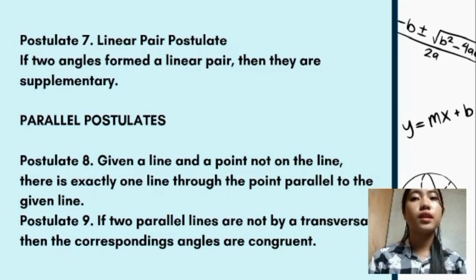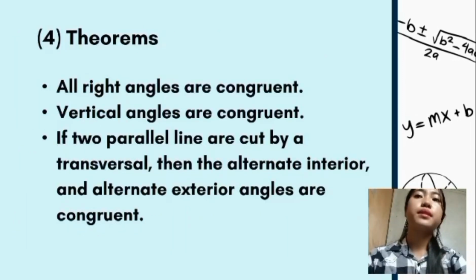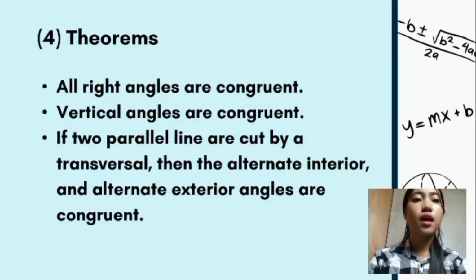Now let's proceed to the fourth component of the mathematical system, the theorems. All right angles are congruent. For example, a box has four right angles, and all of its angles are congruent because they are all right angles. Next, vertical angles are congruent.